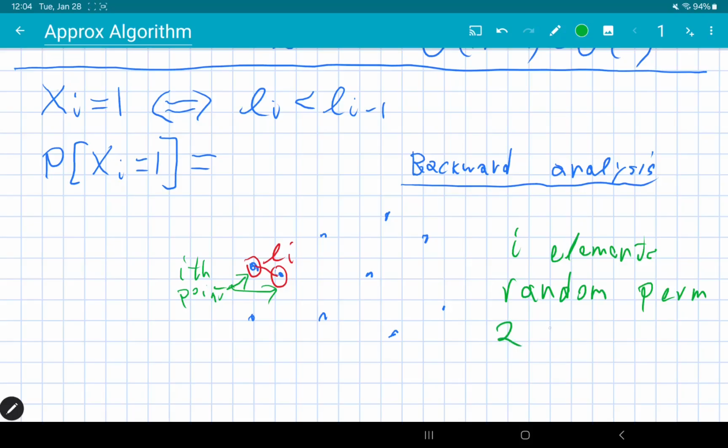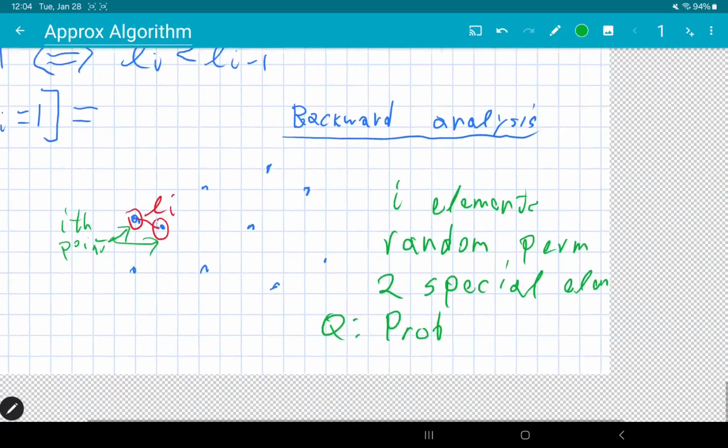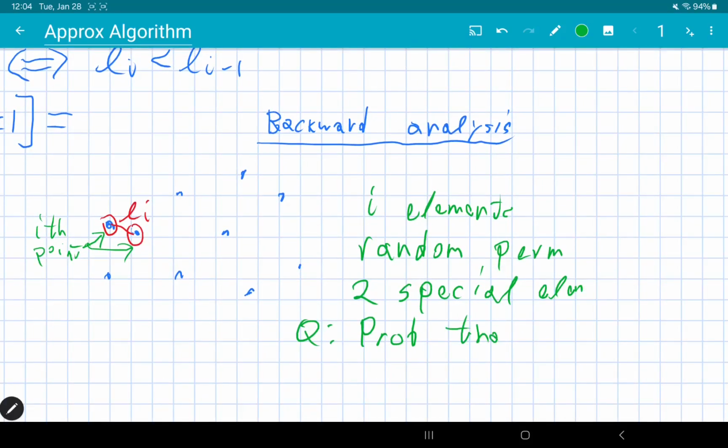And there are 2 special elements, right? And the question is, what's the probability that one of the special elements is last?